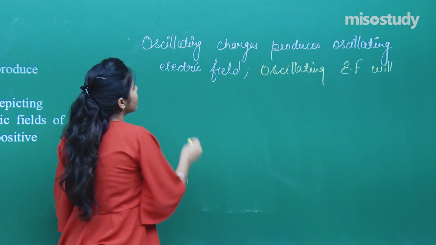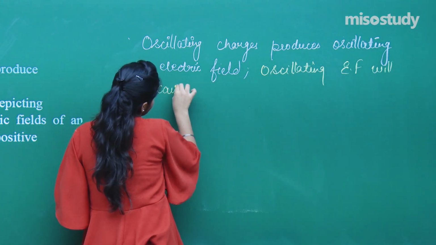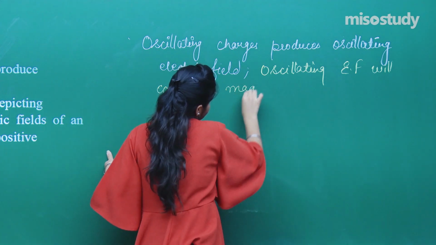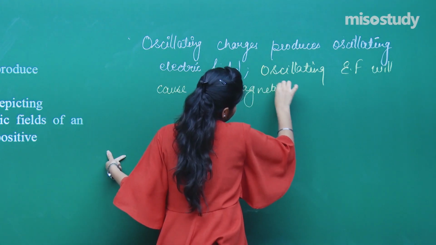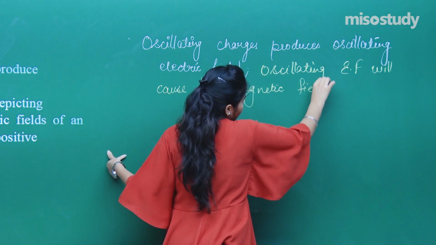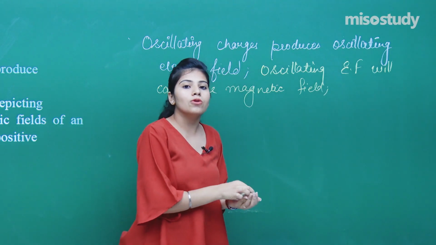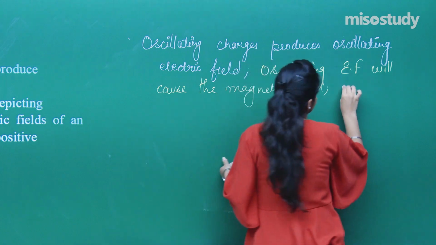This oscillating electric field will cause the magnetic field.